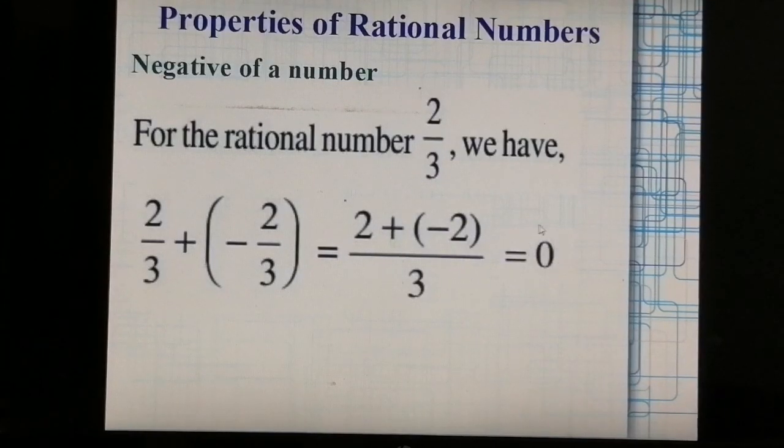What is 0? 0 is the additive identity, meaning we added two rational numbers and we get the identity for addition. So these two numbers are called additive inverses of each other.